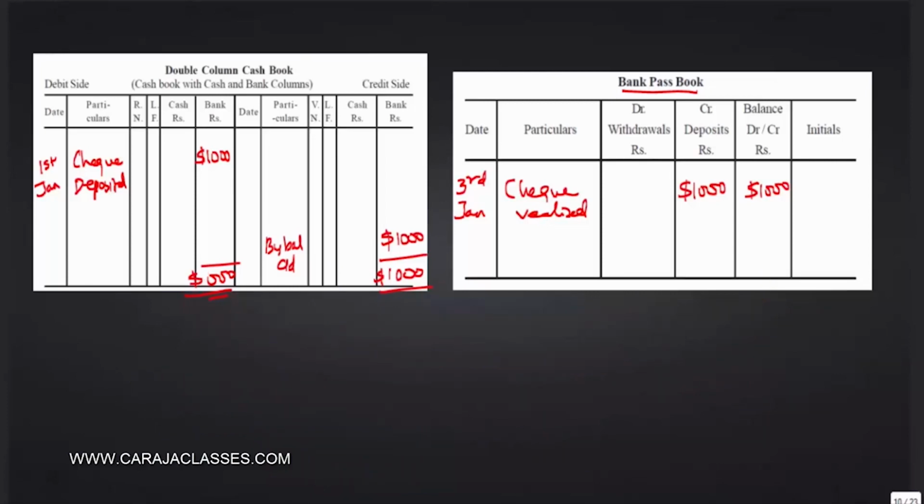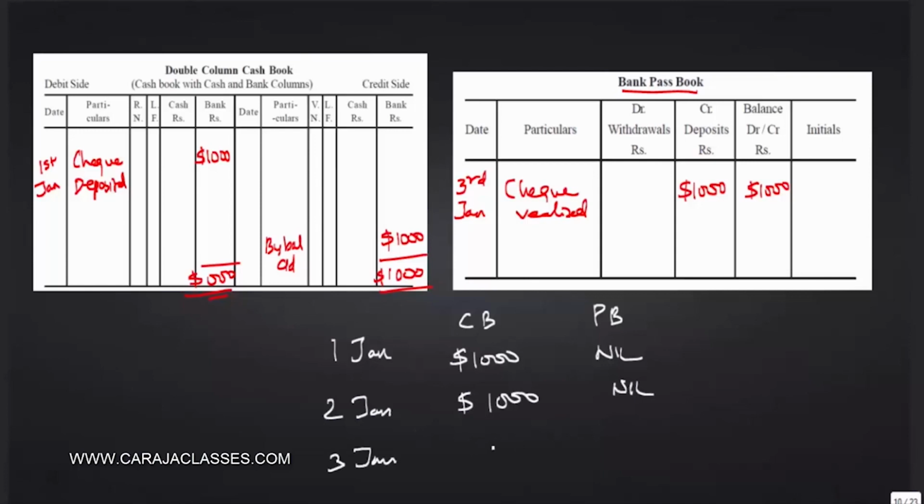On 1st Jan your cash book says you have $1,000, whereas your passbook is going to say you don't have anything. On 2nd Jan, your cash book says you have $1,000, your passbook says nothing. On 3rd Jan, your cash book says $1,000 and your passbook will also agree $1,000. So in these 2 days, there is a difference of $1,000 between your cash book and passbook.